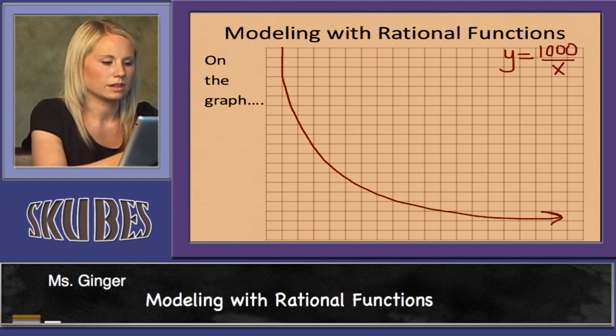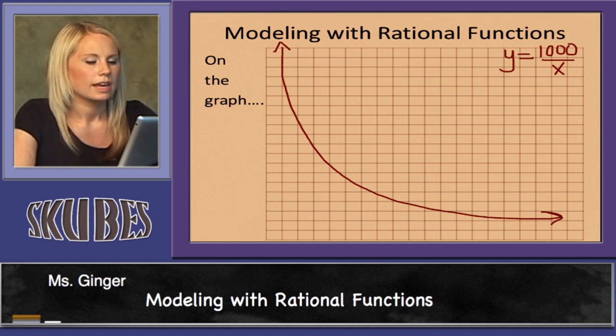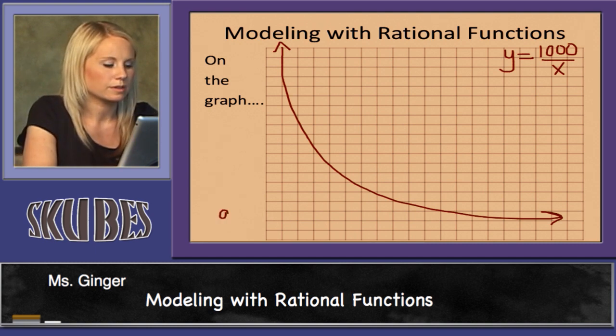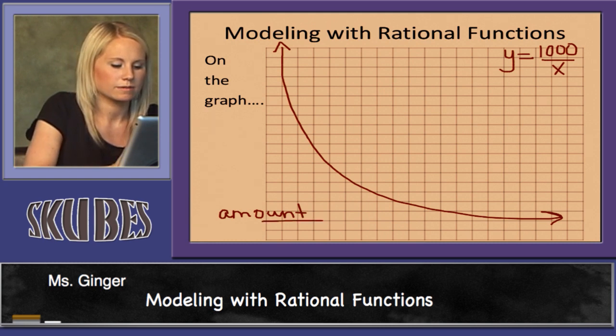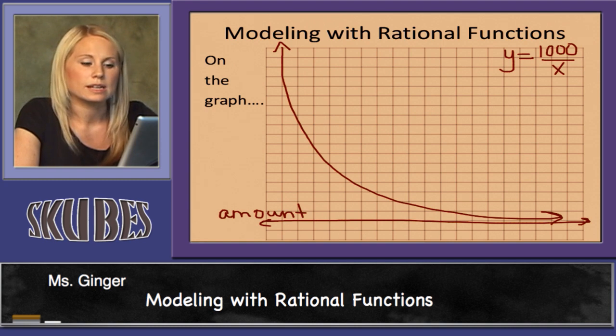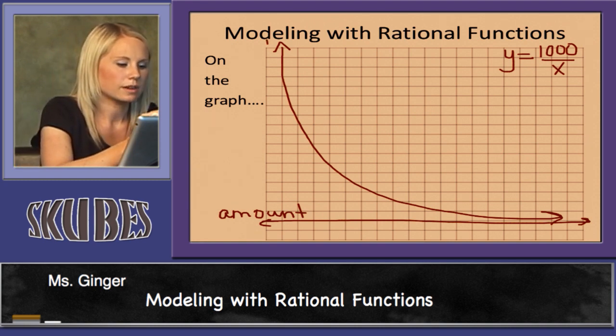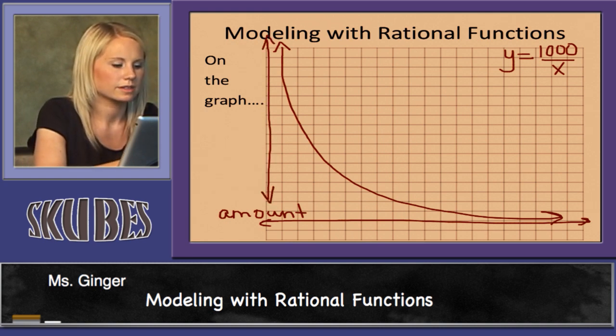This is what a rational function looks like. And remember, x is representing the amount that we're selling, the amount of balls. So let's put that there at the bottom for that axis. And then remember, y is representing our profit per golf ball. So let's put that here in the y direction. Let's say here's our x and y axis. So this would be profit per ball.